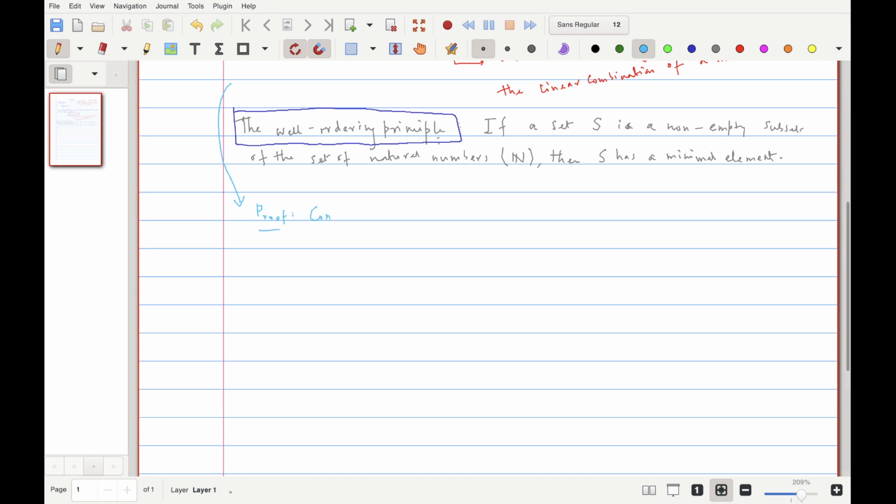Let us consider the following set. Let's not make it x and y because we already have an x and y.